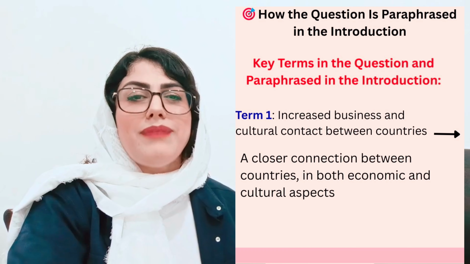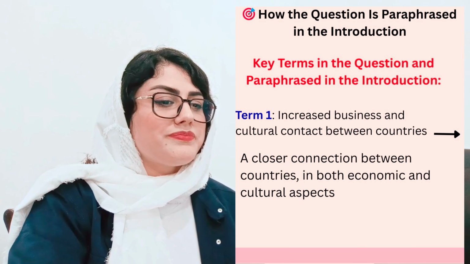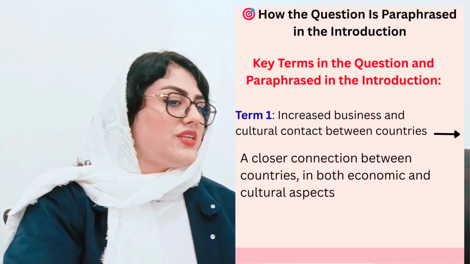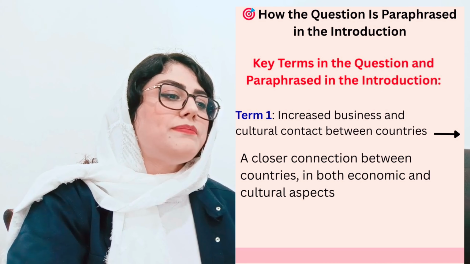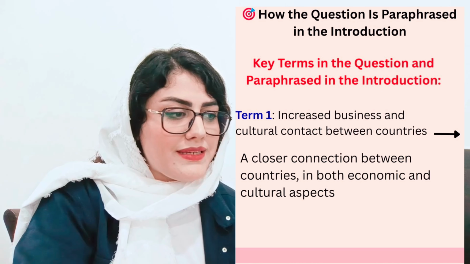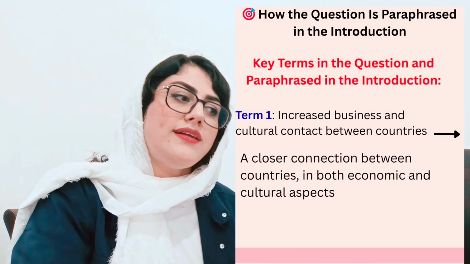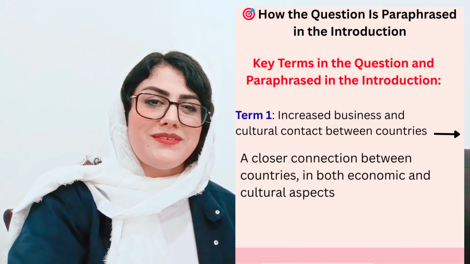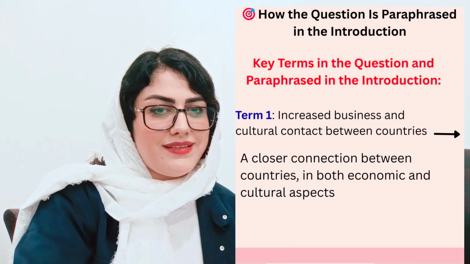Let's take a look at how the key terms from the question are rephrased, and I mean paraphrased, in Mat Clark's introduction. The question talks about increased business and cultural contact between countries. How can we paraphrase it?